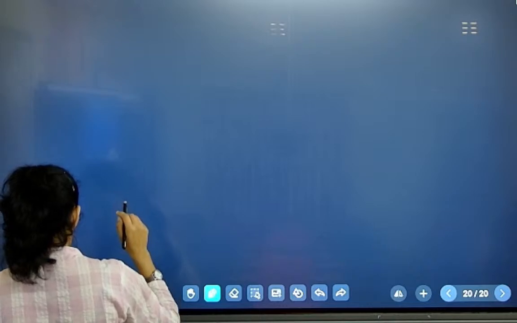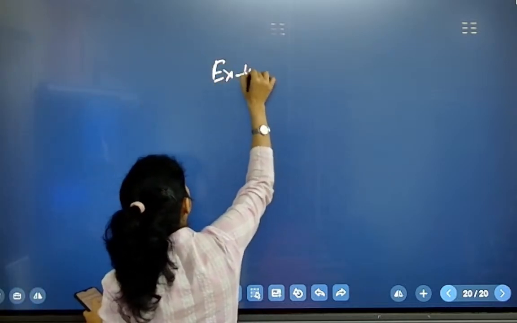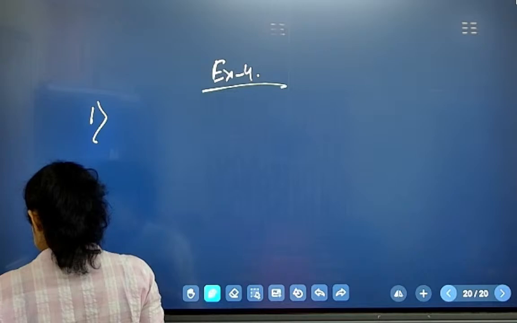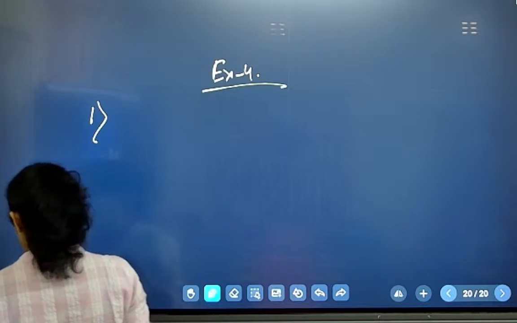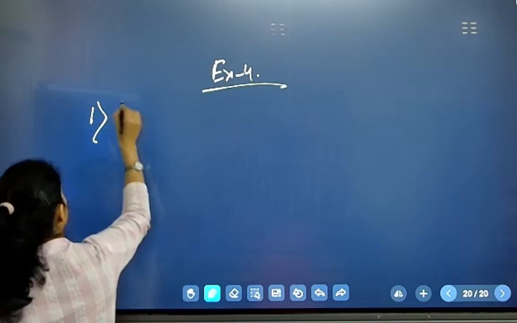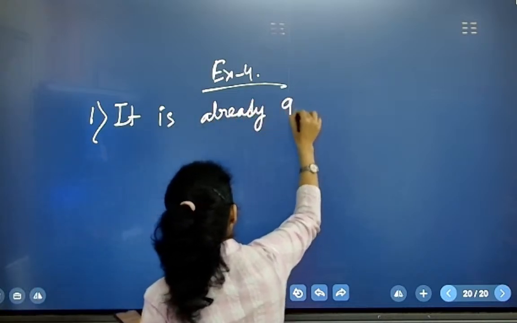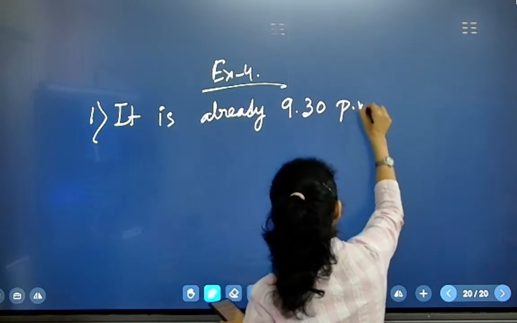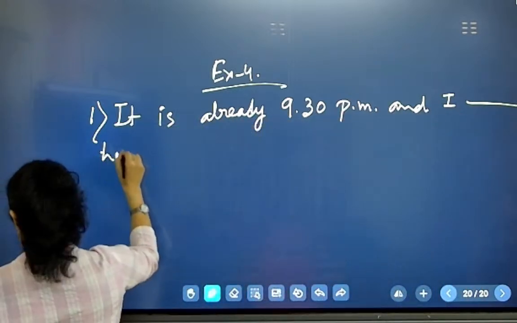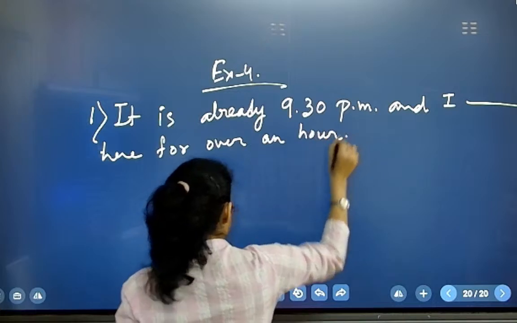Exercise 3, we have done. Exercise 4: appropriate form of the word given in brackets. Question number 1.